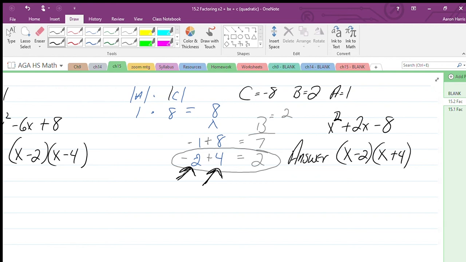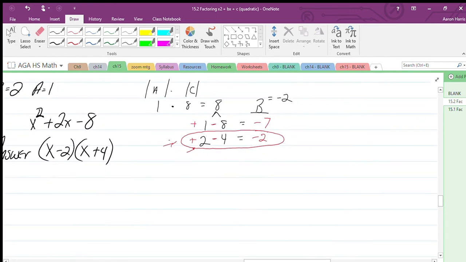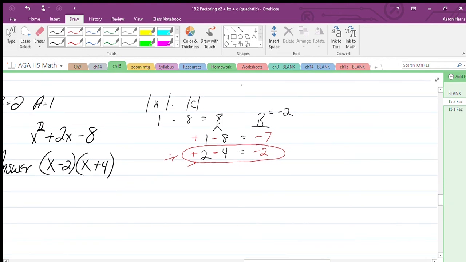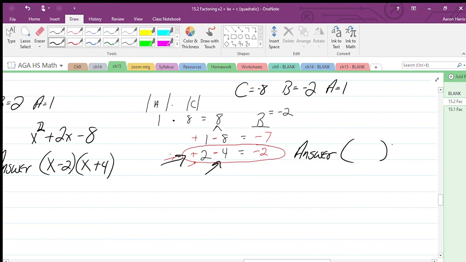Okay? And then the last scenario I gave you, C was negative, so negative 8. B is also negative, so negative 2. A is equal to 1. We found that, there we go. We got a positive 2 and a negative 4. So your answer in factored form, put your parentheses, they are multiplied together. What goes in the first term?